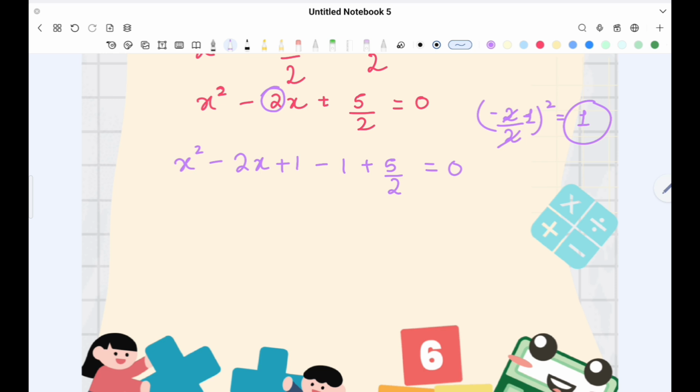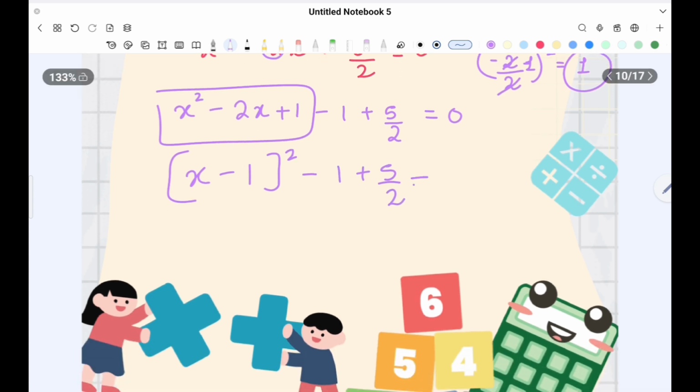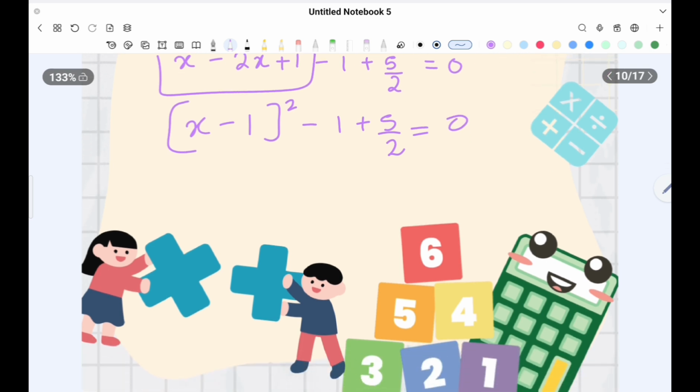Now, can you see what is forming here? x minus 1 whole square minus 1 plus 5 by 2. Now, x minus 1 whole square is equal to 1 minus 5 by 2, which is minus 3 by 2.